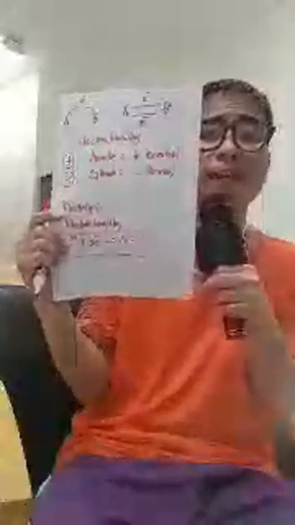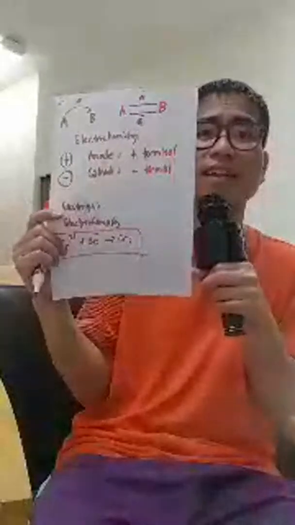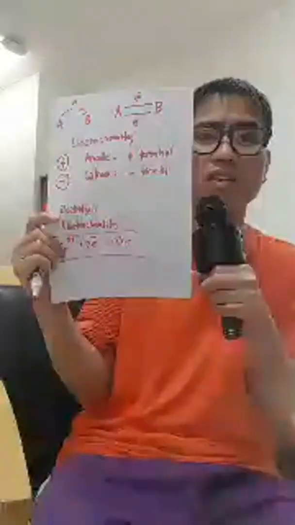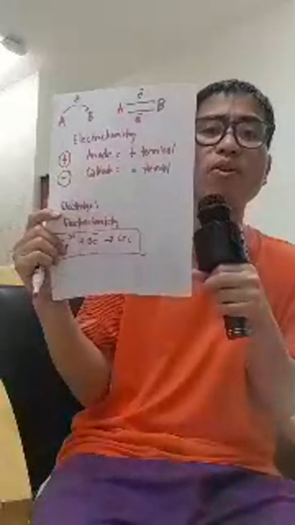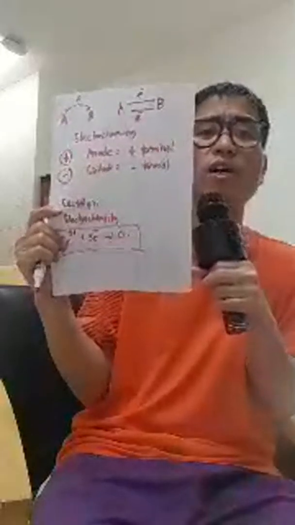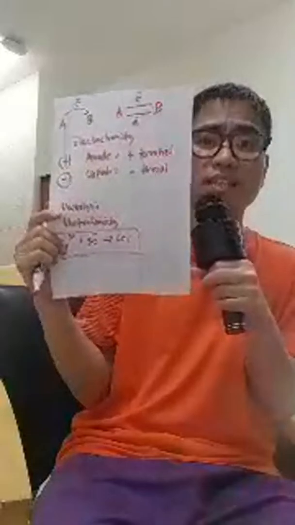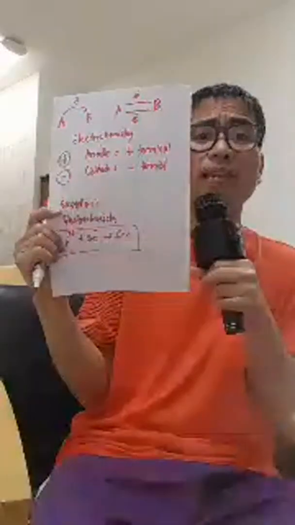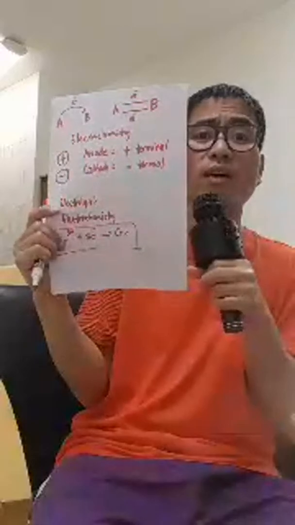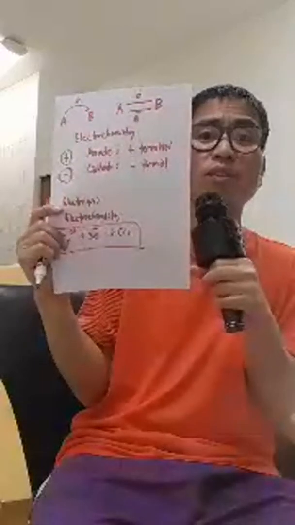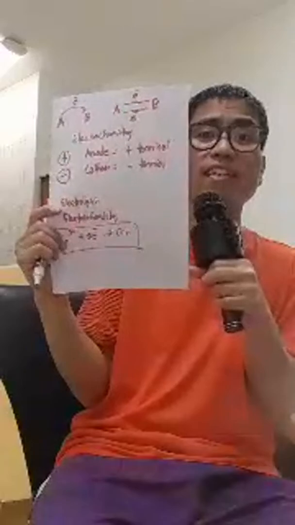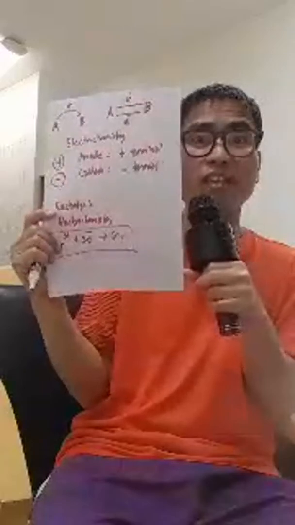Numbers put beside the element, the compound, the substance, or any charges, that is the number of moles. That is not the number of atoms. Because the number of atoms is equal to the coefficient times the subscript of that particular element. But there will be a time there is no subscript value. You have to put that as 1. That's why it's still the same as your coefficient.